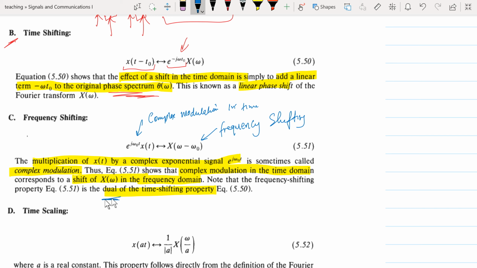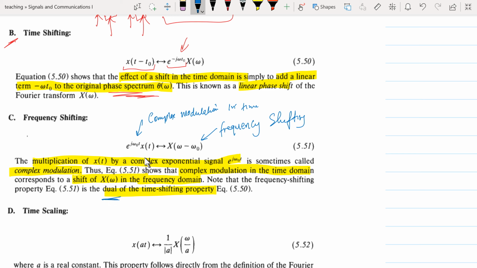If you look at frequency shifting, we are saying that the multiplication of our time domain signal x of t by a complex exponential signal e to the j omega naught t is sometimes called complex modulation. And thus, we normally say that complex modulation in the time domain is equal to frequency shifting in the frequency domain.